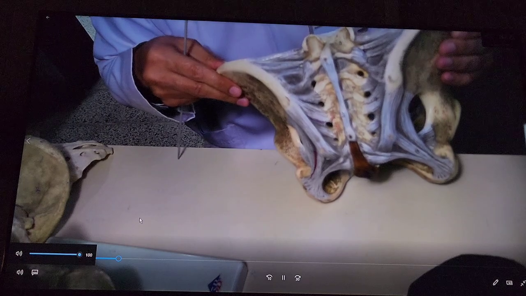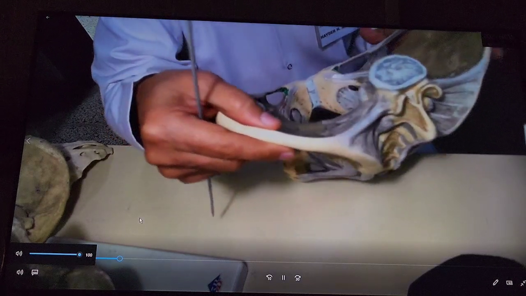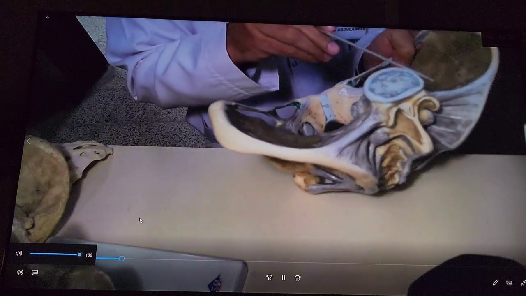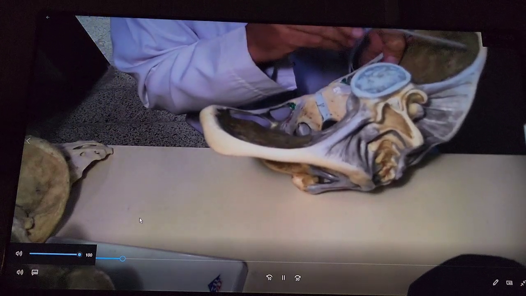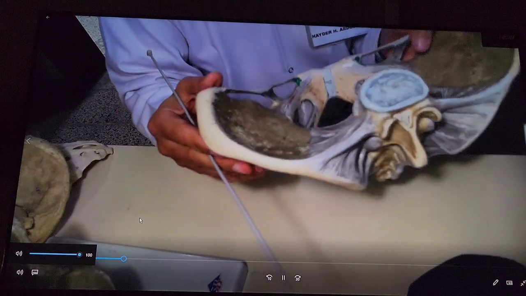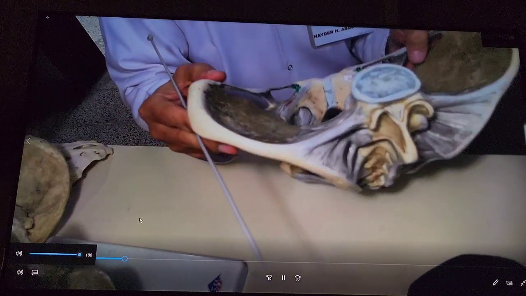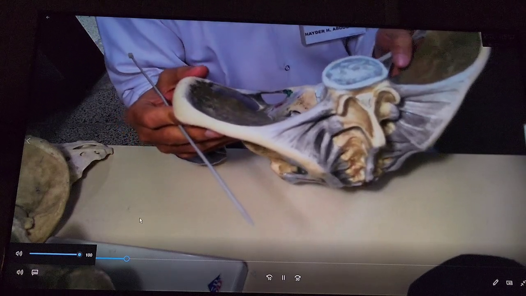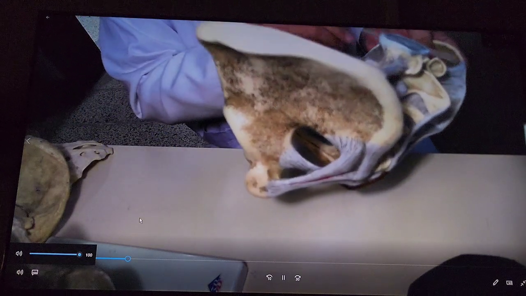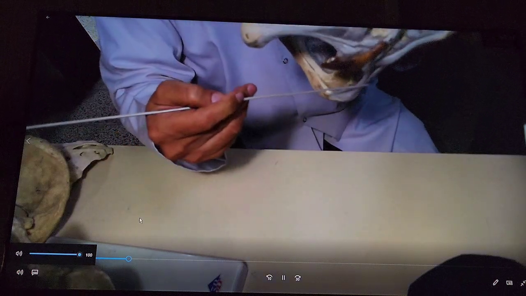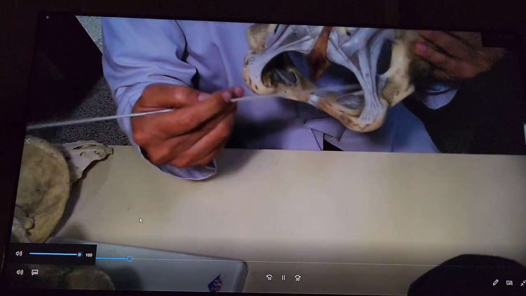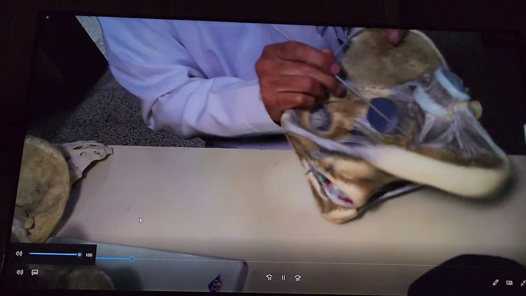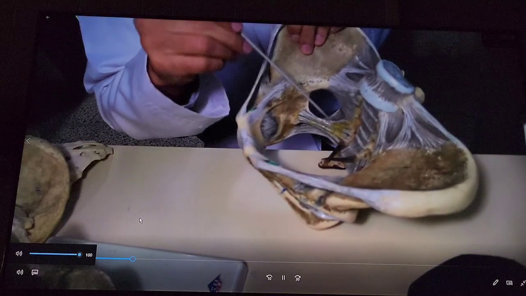In addition, the stability of the sacroiliac joint is provided by accessory ligaments, including the iliolumbar ligament, the sacrotuberous ligament, and the sacrospinous ligament.